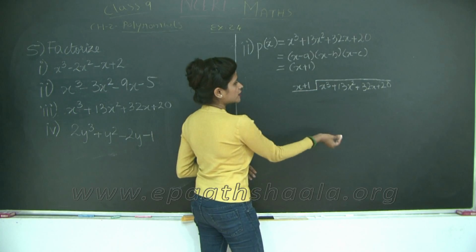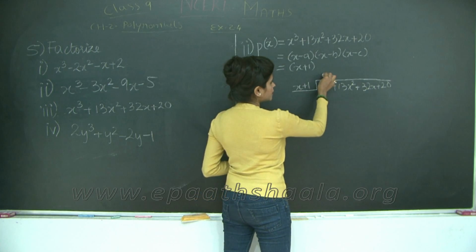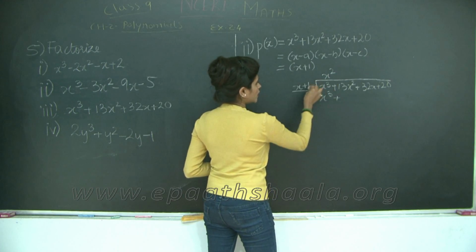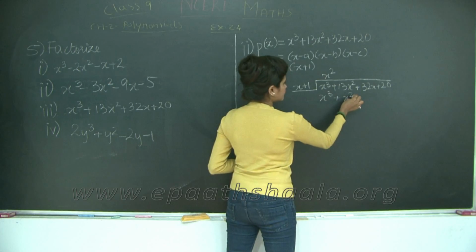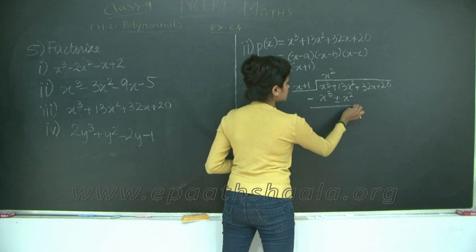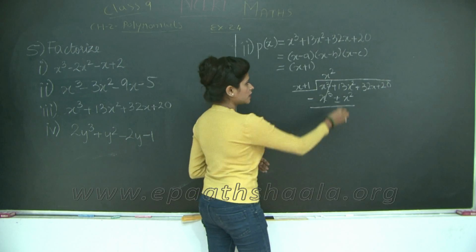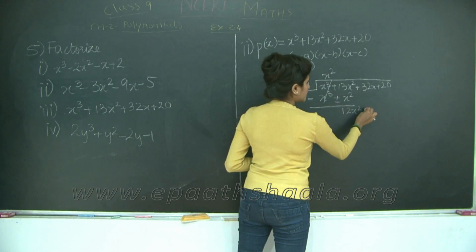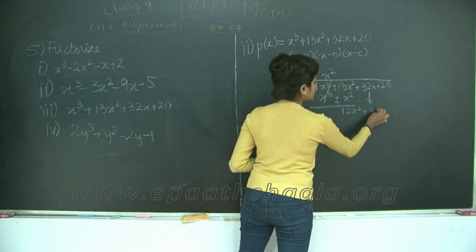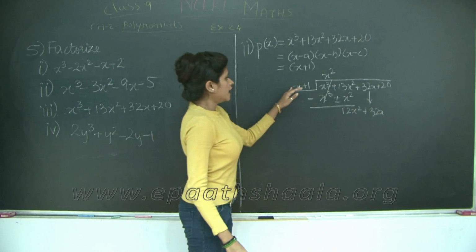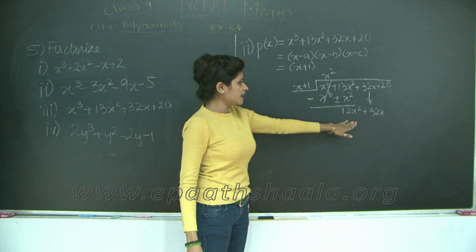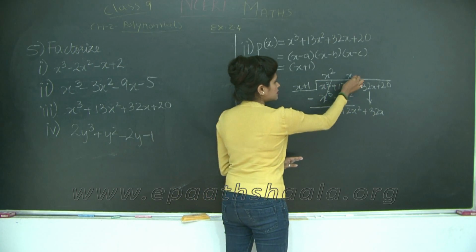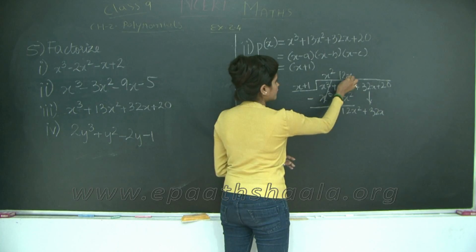So x plus 1 into what is going to give me x cube? x square. So this becomes x cube plus x square, x square into 1 gives me x square. Minus and minus, x cube and minus x cube cancel out. 13x square minus x square gives me 12x square, plus 32x comes down. Now x plus 1 into what will give me 12x square as the first term? For the variable it is x and for the coefficient it is 12.